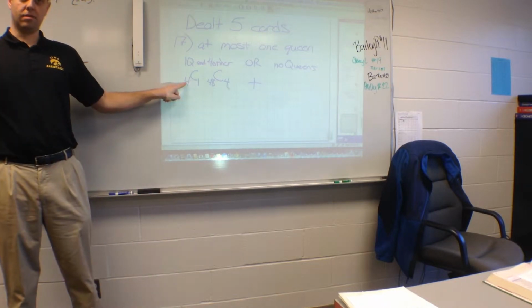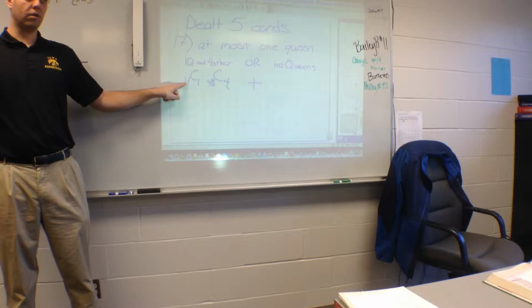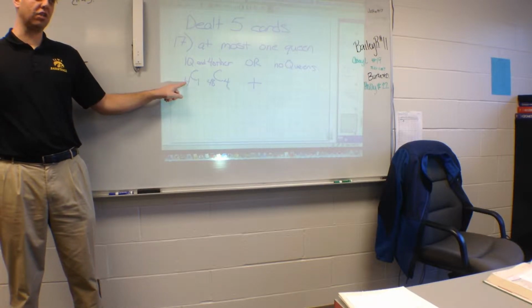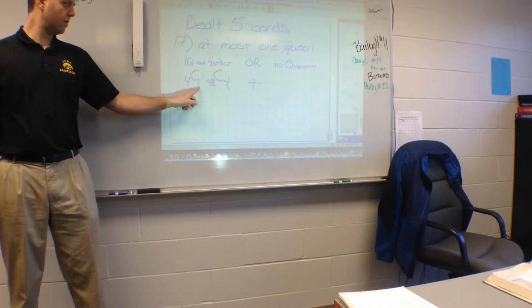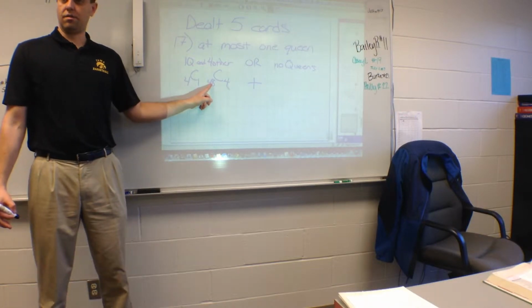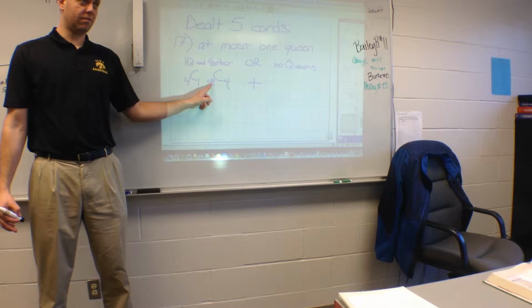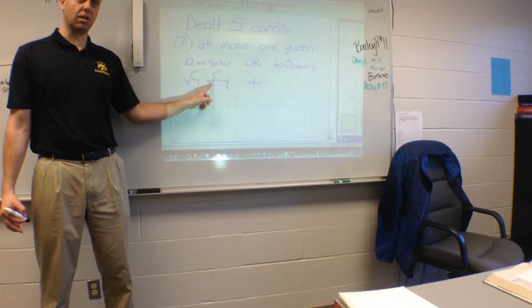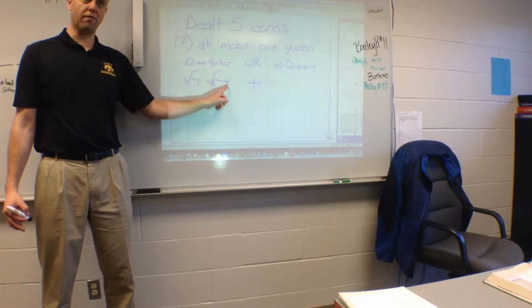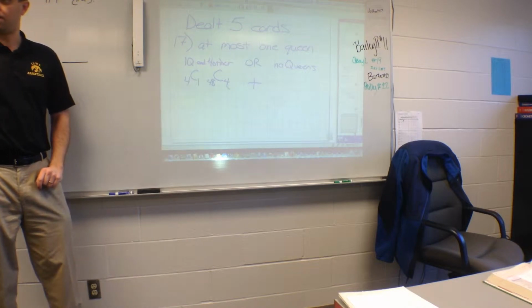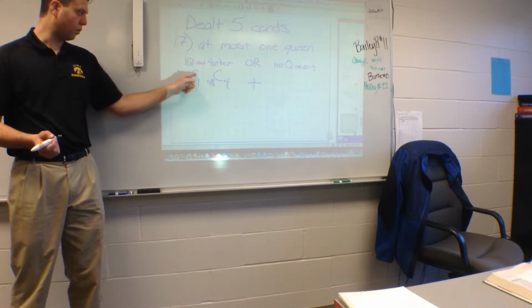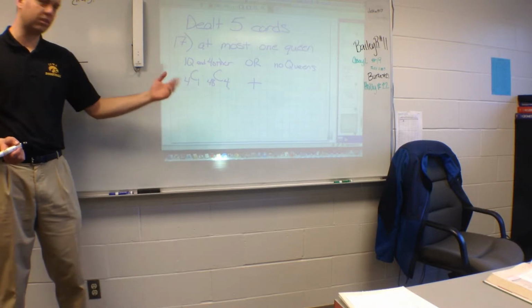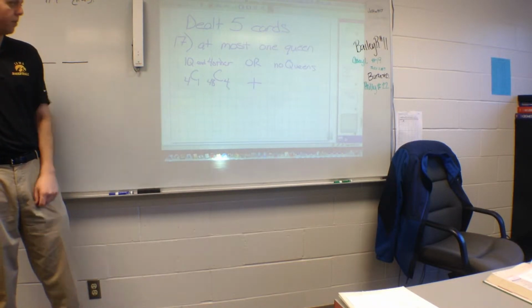There are 4 queens, and you're getting some combination of 1 of them in your hand. There are 48 cards that are not queens, and you are getting some combination of 4 of them. And it's happening together, and means multiply, so 4C1 times 48C4. I'm going to need some help here in a second, but we're going to set it up first, okay?